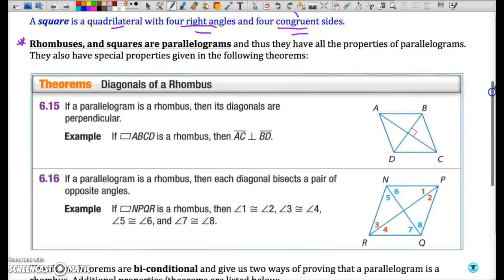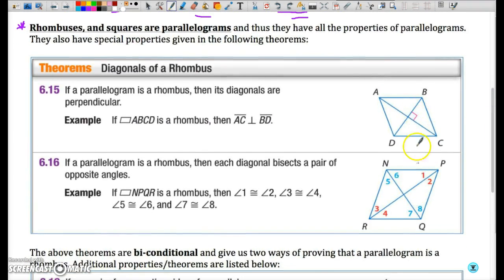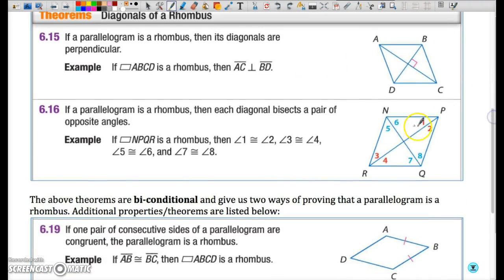And so we've got a couple of pairs of characteristics or properties of a rhombus related to its diagonals. The first is that the diagonals of a rhombus intersect each other at 90 degrees. They are perpendicular. And the second characteristic is that each of the diagonals bisects the vertex angles.